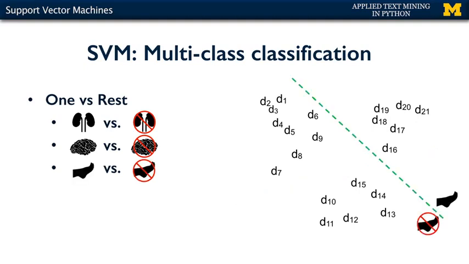And then we do the same thing with podiatry. You have the documents D16 to D21 labeled podiatry, and everything else, that's D1 to D15, is going to be not podiatry.